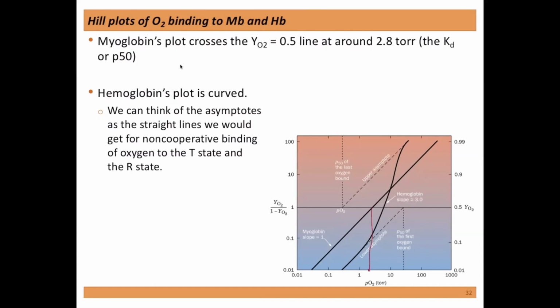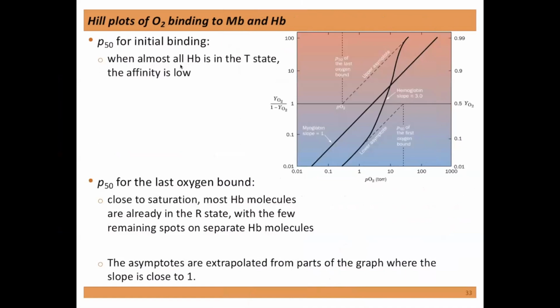So it's not able to really release much oxygen. But since hemoglobin is curved, this will also show us that the oxygen will be released at a higher partial oxygen pressure. Essentially, it's going to be held less tightly. Okay, so just comparing those two plots there.